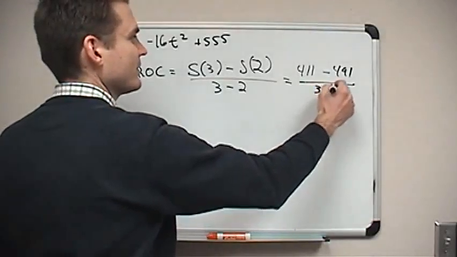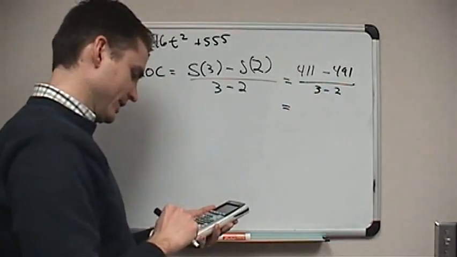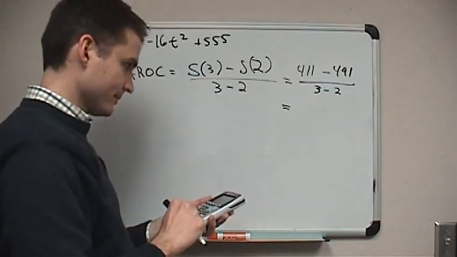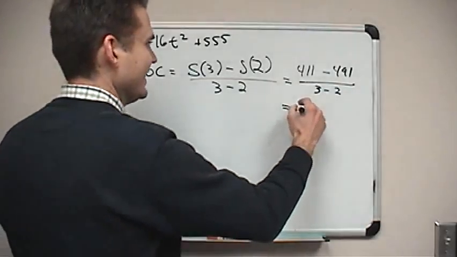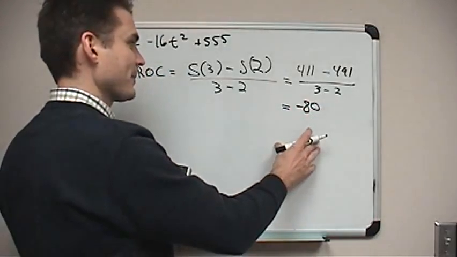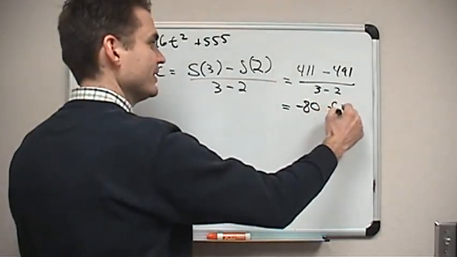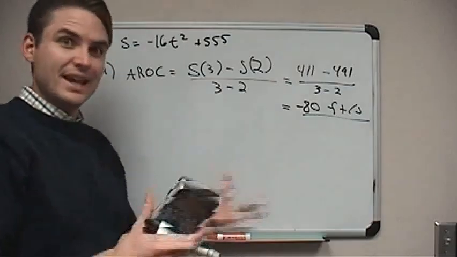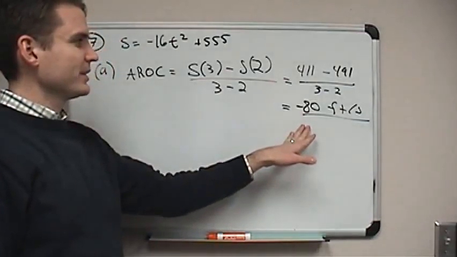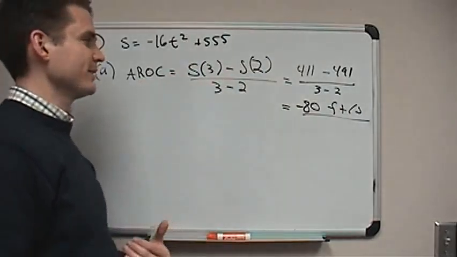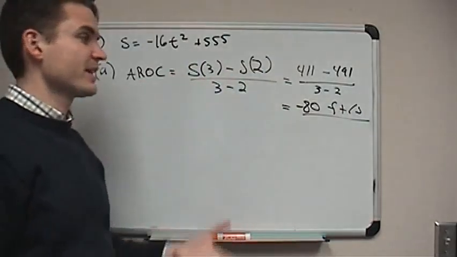And we divide that by 3 minus 2, and we get negative 80. So what is that? Well, that's the velocity of this object in feet per second. Now, when velocity is negative, we usually interpret that as downward movement. So, in other words, the average speed of this object between the second and third second of its drop is 80 feet per second down.